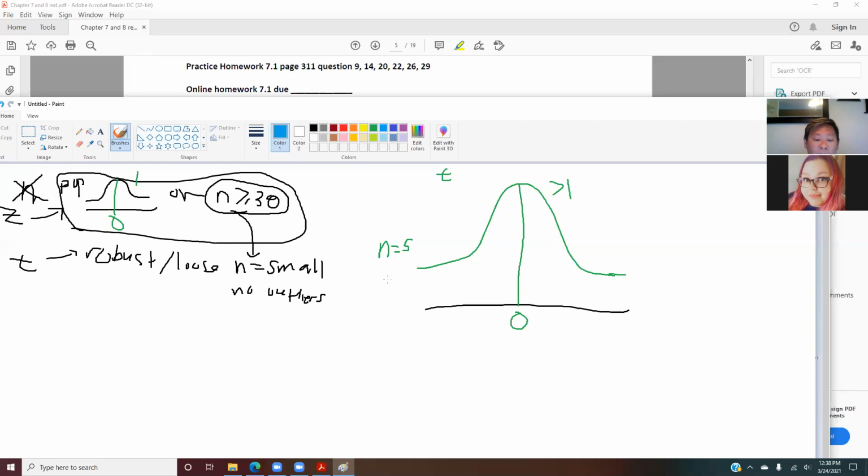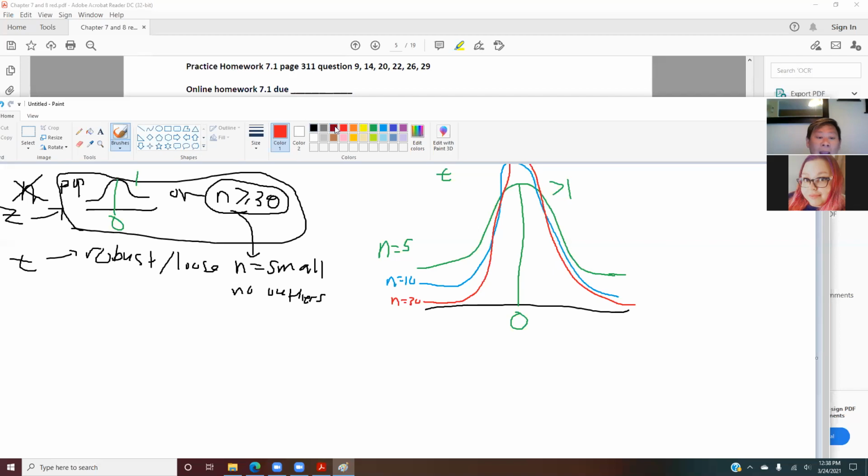What happens if your sample size increases from 5 to 10? Then the tail is no longer that thick and it will push up a little bit. So this is when your sample size is getting bigger. When your sample size gets to 20, like 30, then the tail will get smaller and it will push even higher than that.